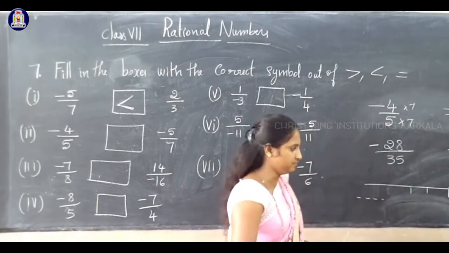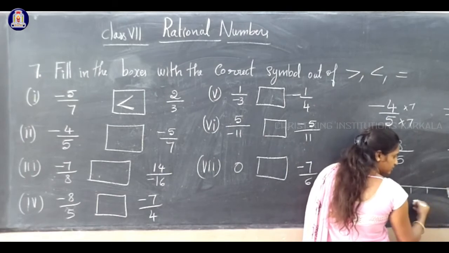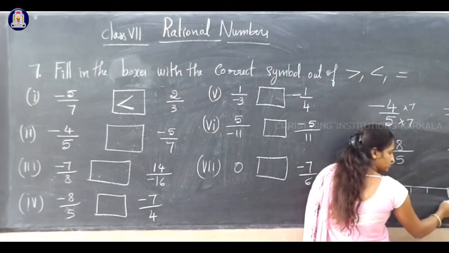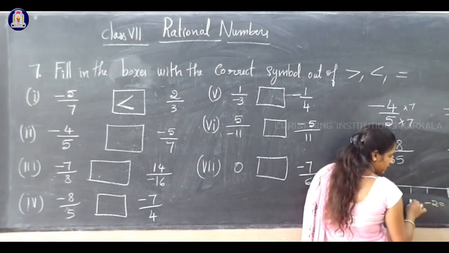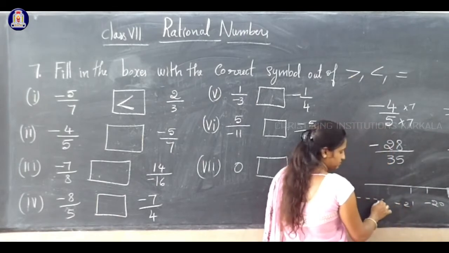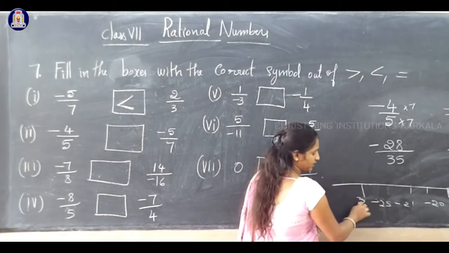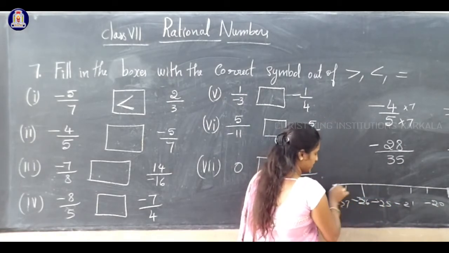That means the values are decreasing here, isn't it? In the negative, the values are decreasing. For example, minus 20, minus 21, minus 22, like this, minus 25, next minus 26, minus 27, minus 28.